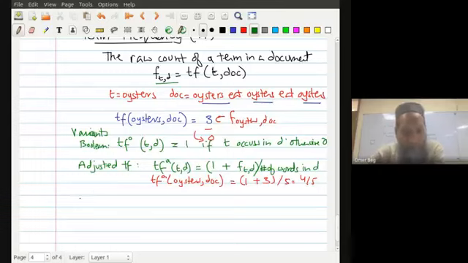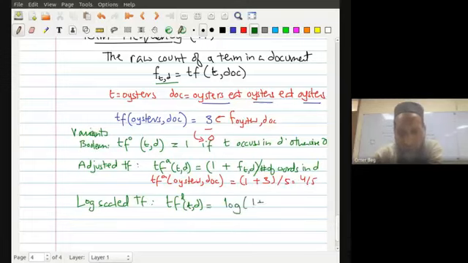There are other variants as well, such as the log scaled TF. In that TF, the log version is computed as the log of 1 plus f of t,d.